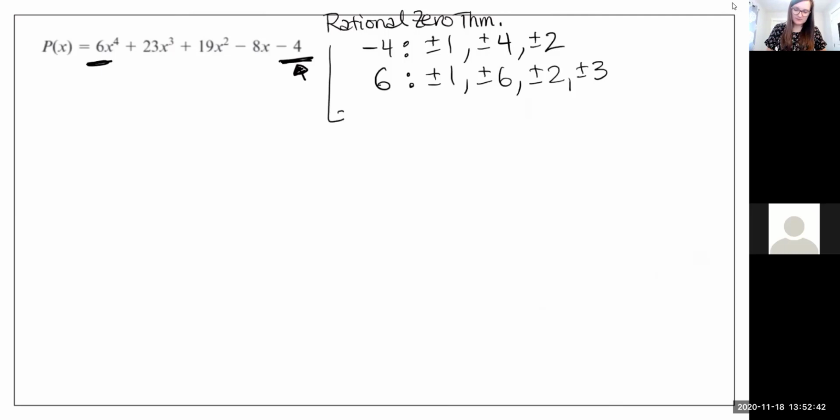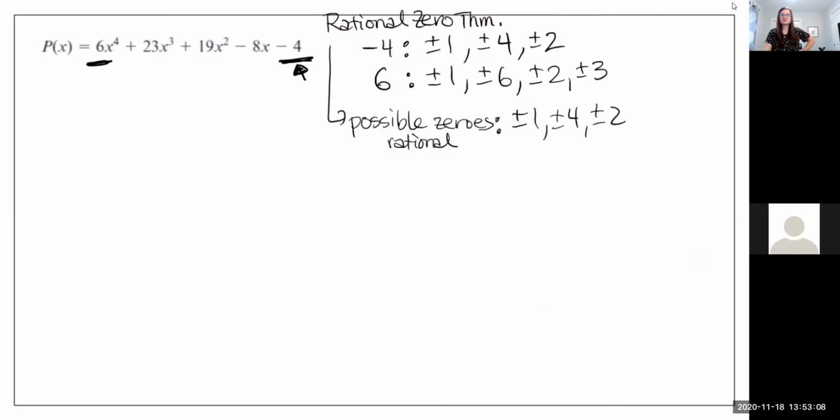So possible zeros, all the top numbers divided by 1, that just keeps them. Okay, and now divided by 6. And then 4 over 6 is 2/3, so I always simplify. And 2 over 6 is 1/3. Okay, and then all of them over 2.